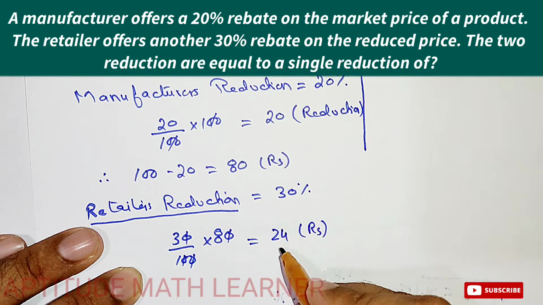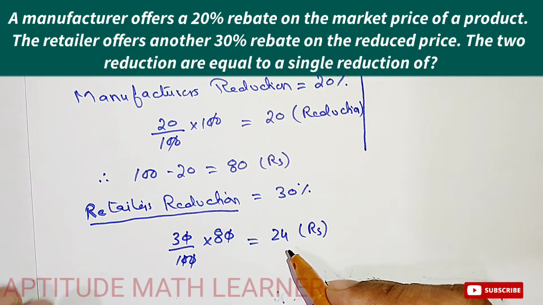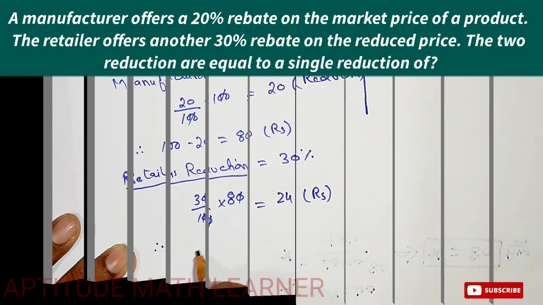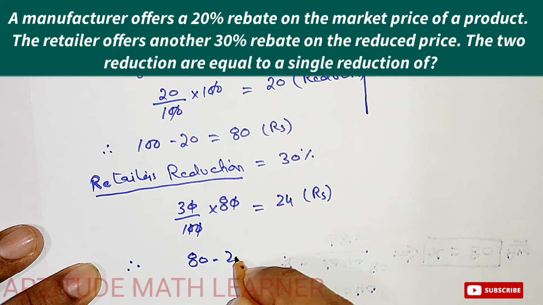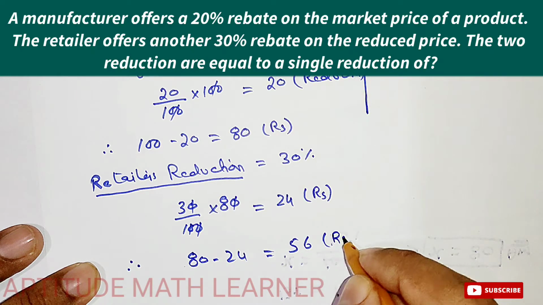So 24 rupees is further reduced by the retailer. So what will now be the price? 80 minus 24 is equal to 56 rupees.